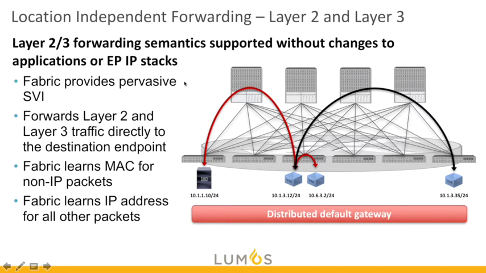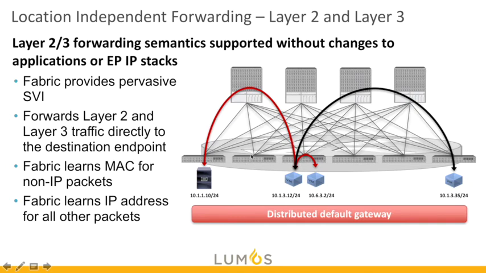One of the things that we do in ACI is we have a distributed default gateway. All leaves have the SVI, or anycast address, for all segments upon which they have installed VRFs and or tenants. So for example, if this were part of tenant Coke, we would have the SVI for this bridge domain installed onto this leaf.